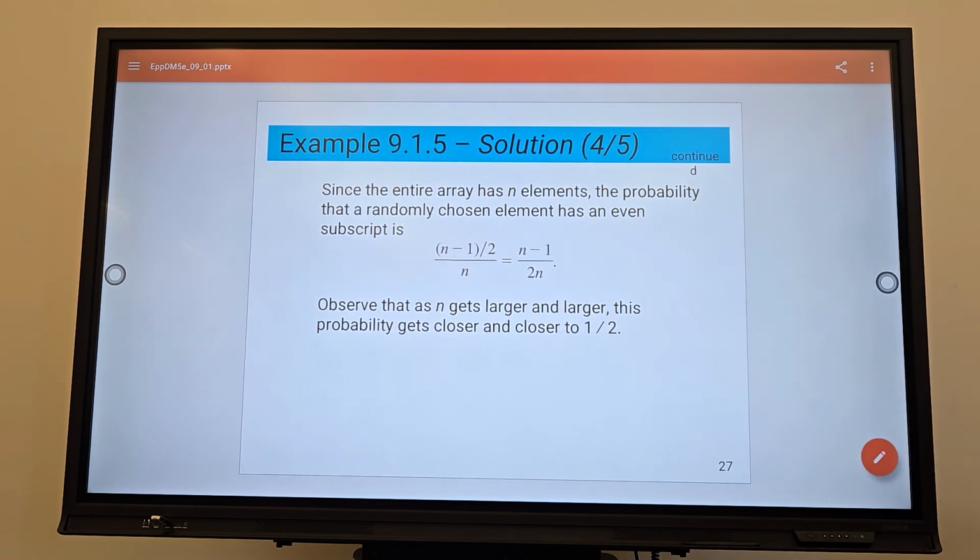Since the entire array has n elements, the probability that a randomly chosen element has an even subscript is (n minus 1) over 2n. Observe that as n gets larger and larger, this probability gets closer and closer to 1/2.